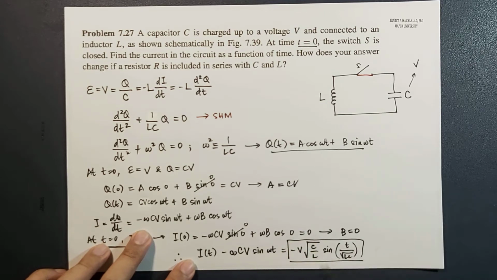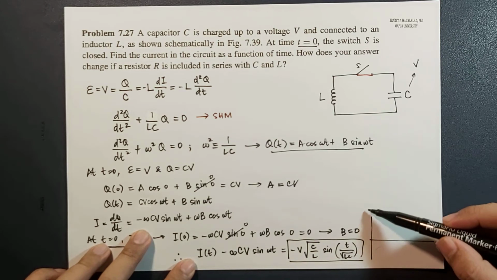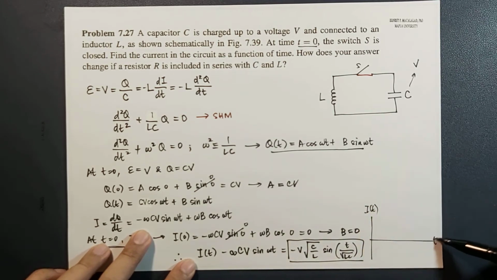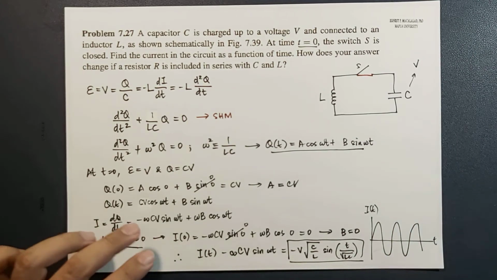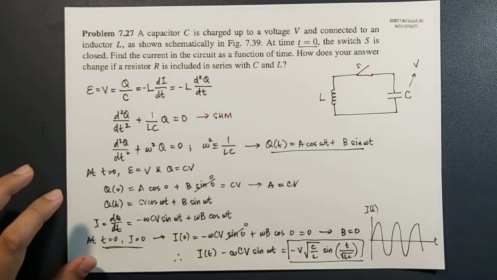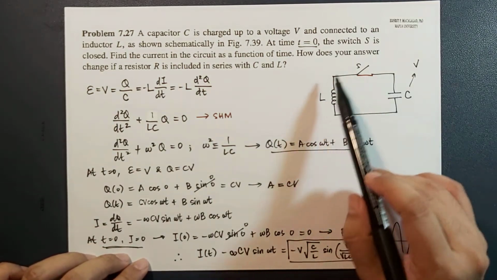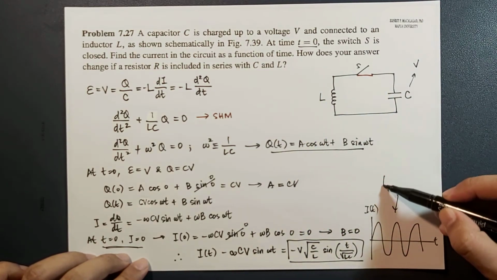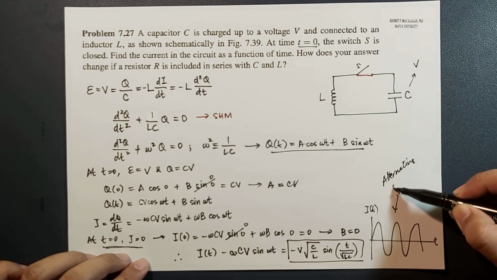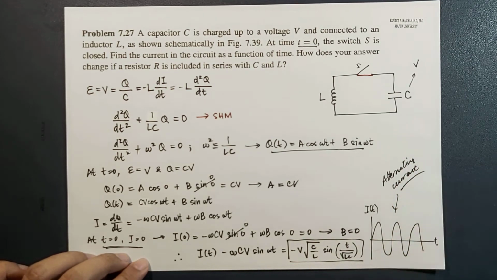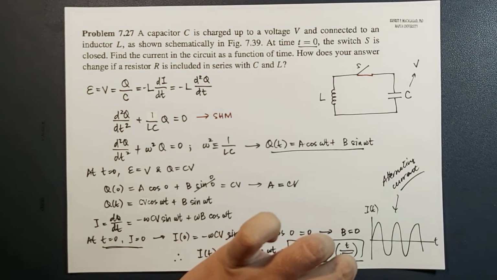You will notice that the current is actually following a sine function. So the current will flow alternating. This is an alternating current.